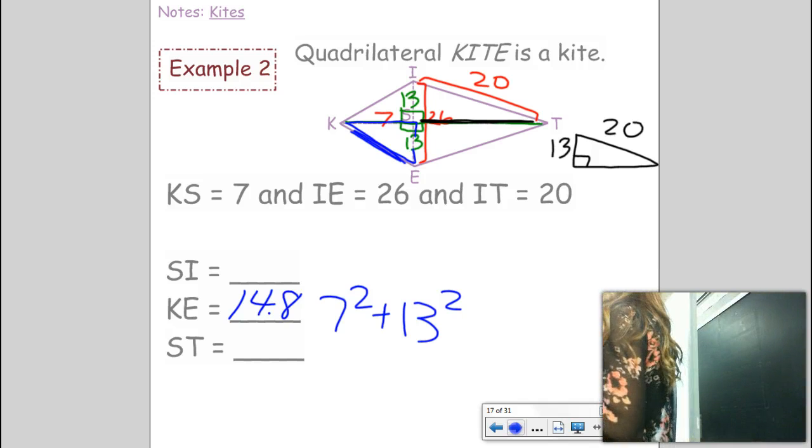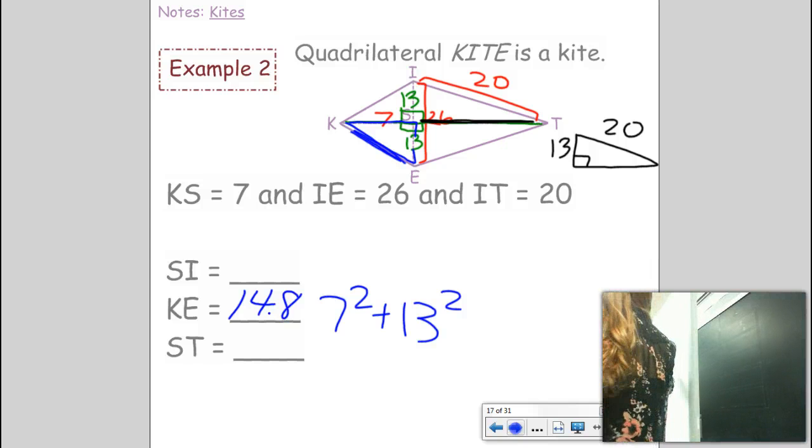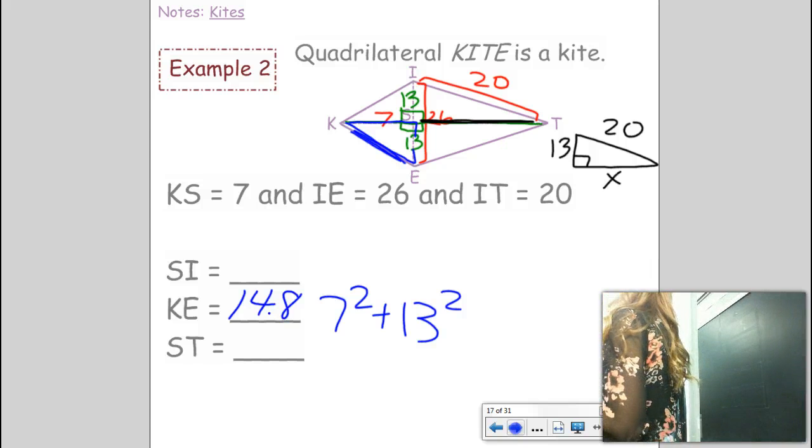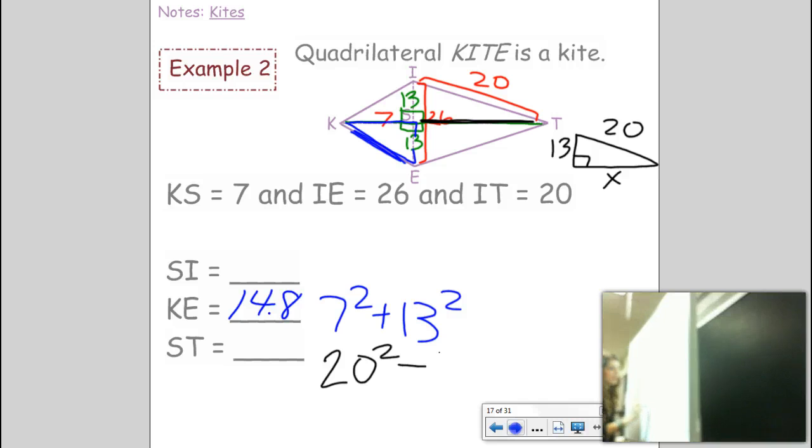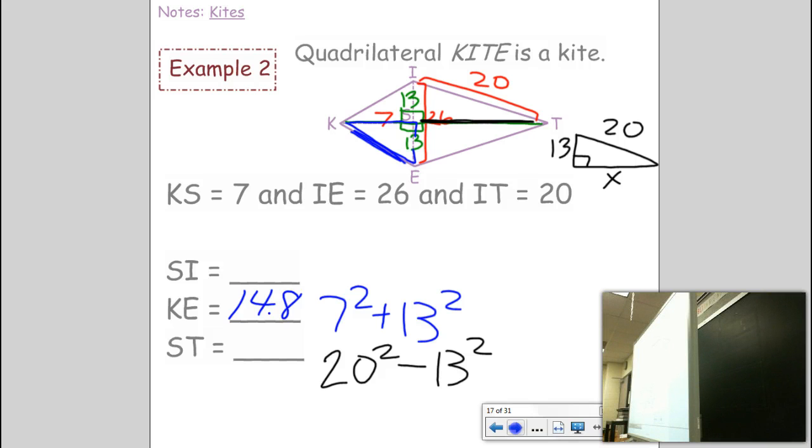So can you tell me what to write? 20 squared minus 13 squared. Is that one a perfect square? No. What is it? 15.2? Okay. And SI, we found that at the very beginning. What's SI? 13. Lucky number.